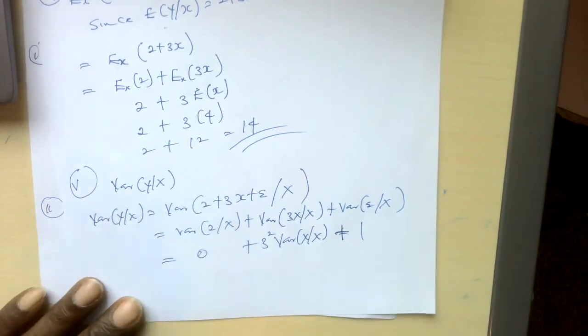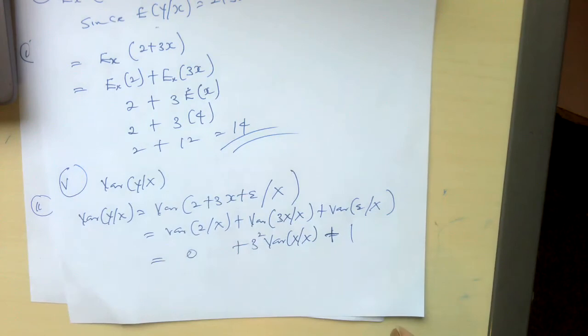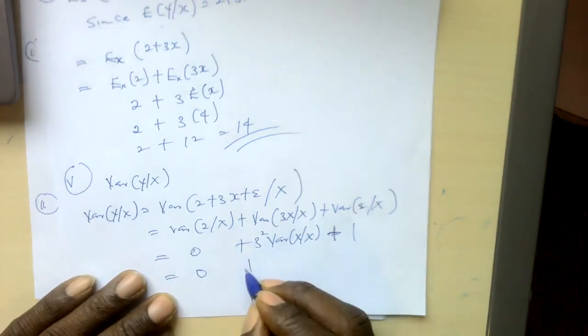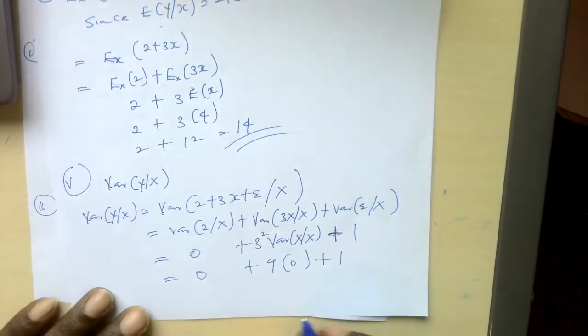So that's 9 times 0 plus 1, which gives us 1.